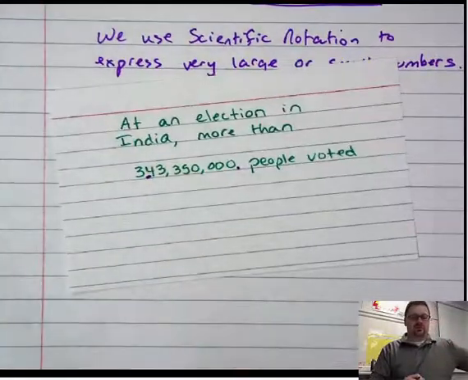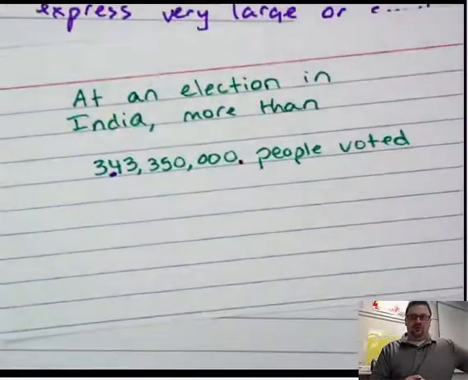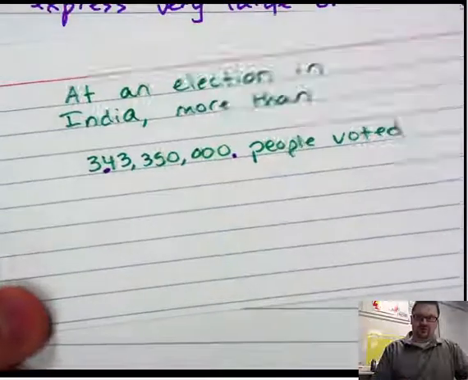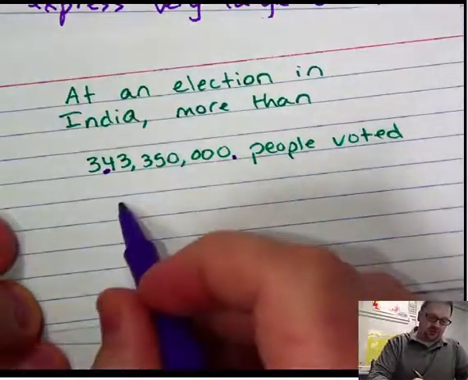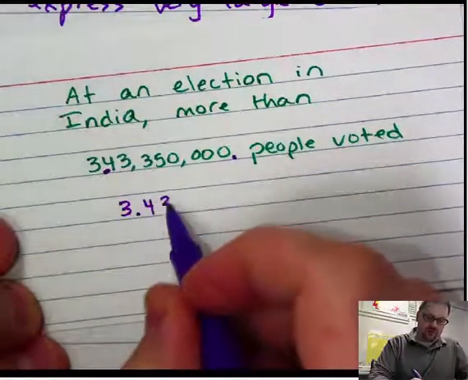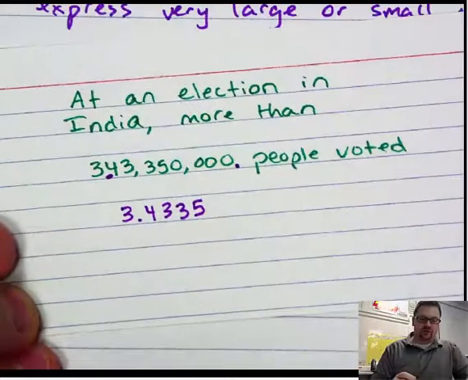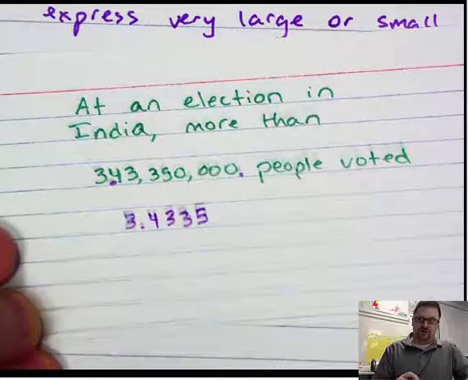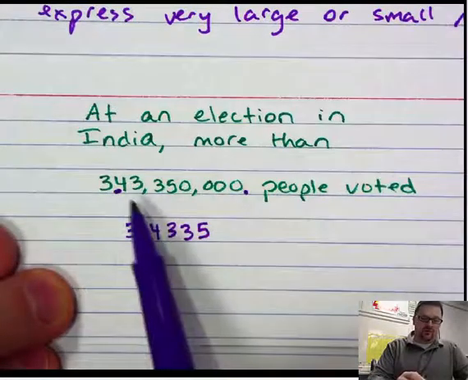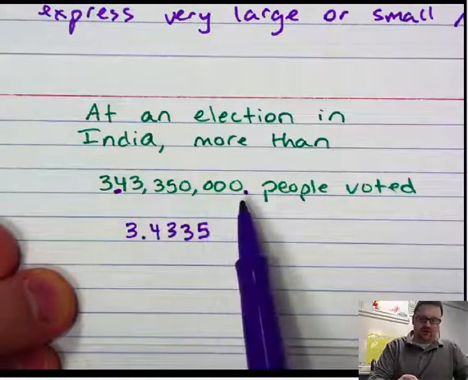Okay, so now I'm going to write down all my non-zero digits. So this would be 3.4335. And then I drop the rest of the zeros. Okay? Then I count how many spaces from here to where the decimal originally was.